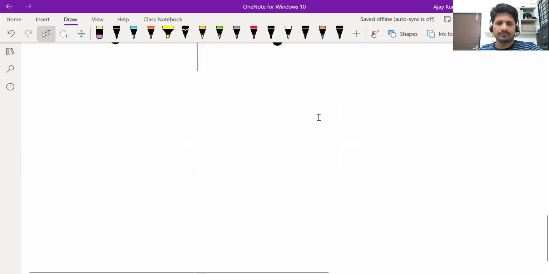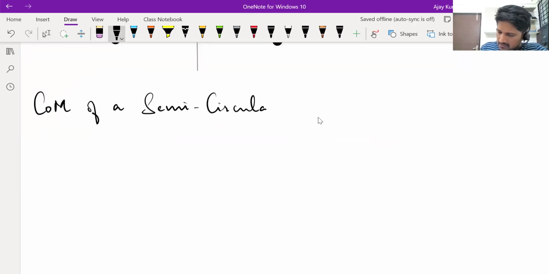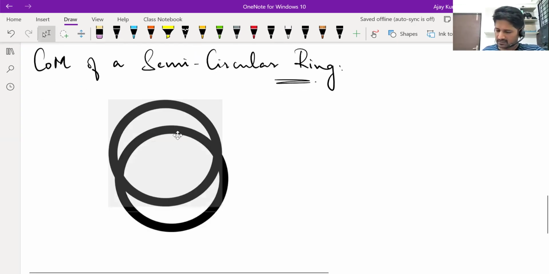Now for a full circle, we know center itself is the center of mass. Suppose you are given a system like this, center of mass of a semicircular ring. See, in all these derivations, it's not the final result that is important.